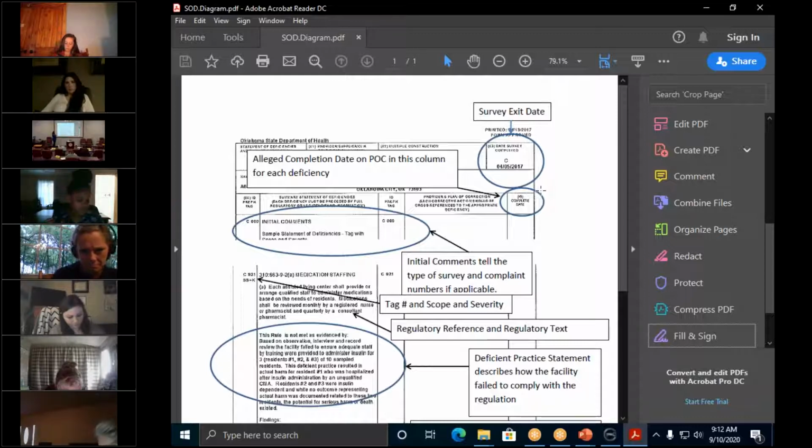And then after that, it lists the regulatory reference set. And then it goes on to the bottom big circle with the deficient practice statement, which describes how the facility failed to comply with the regulation.